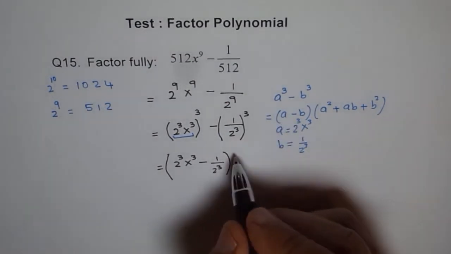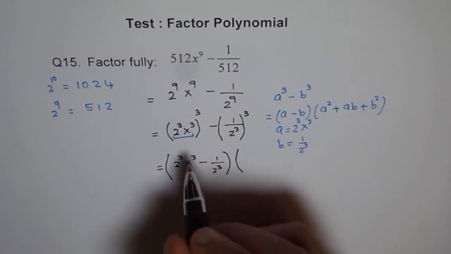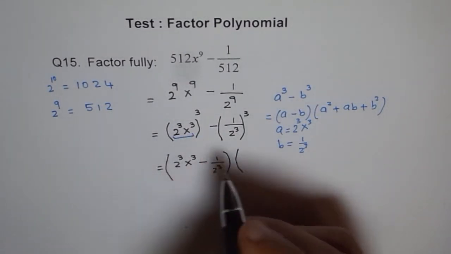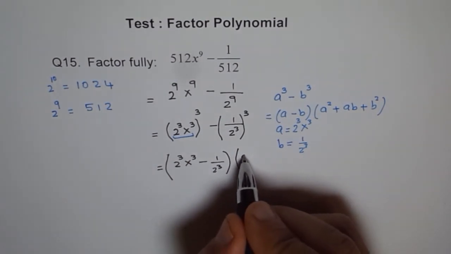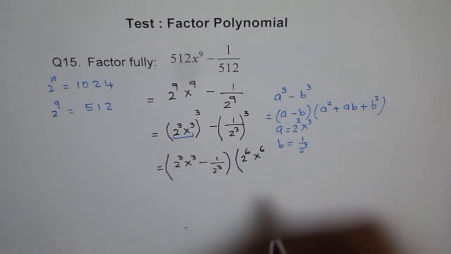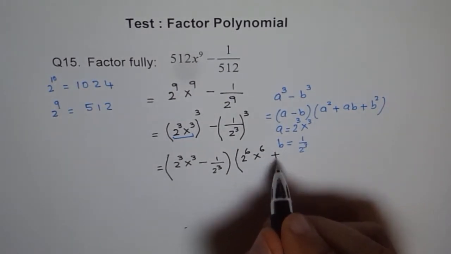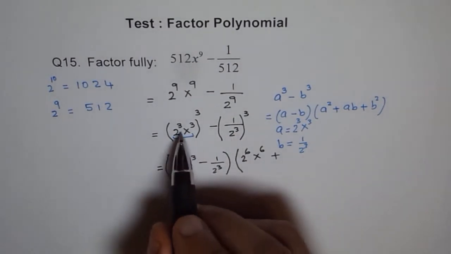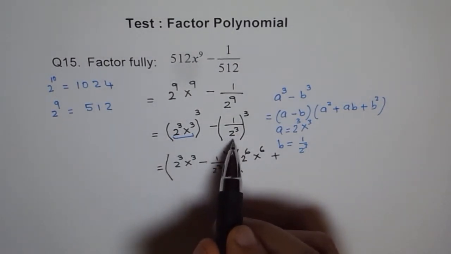Now I have to write a square. A square is this square. This square will be square of both, right? So we get 2 to the power of 6 and x to the power of 6. That is my a square, plus ab. So a times b. When I multiply this with this, do you see 2 cubes will cancel out, right?